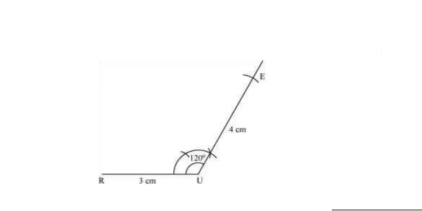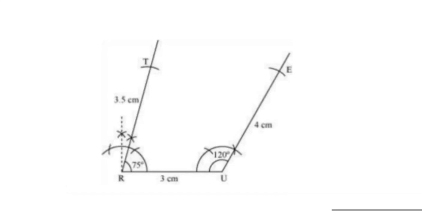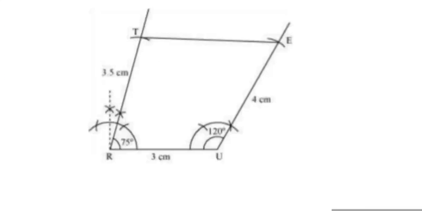Now from U cut an arc of 4 centimeter, and this intersecting point is E. Now draw an angle of 75 degree at point R, and from R cut an arc of 3.5 centimeter. That intersecting point is T. Now join T to E. So TRUE is the required quadrilateral.